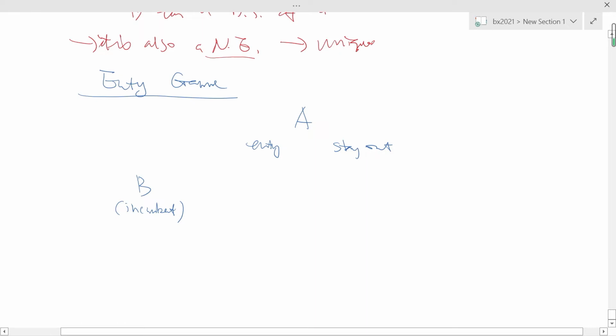B is faced with A's potential entry into the market, and B has to decide whether to cut price, compete with A, or not.